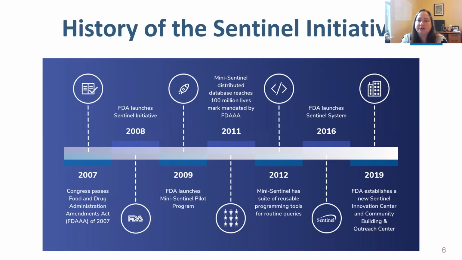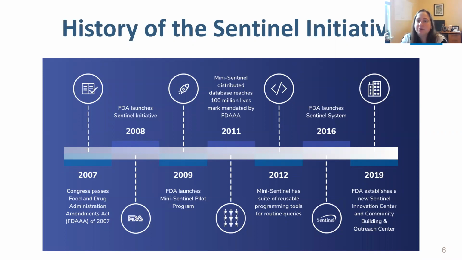And then 2016 was a formal launch of Sentinel within the FDA's regulatory process. Before then, it had been used for ad hoc studies, but not routinely implemented. In 2016, it became a routine part of review processes for the FDA. In 2019, last year, we awarded the third 5-year Sentinel contract, and as part of that, we restructured Sentinel.